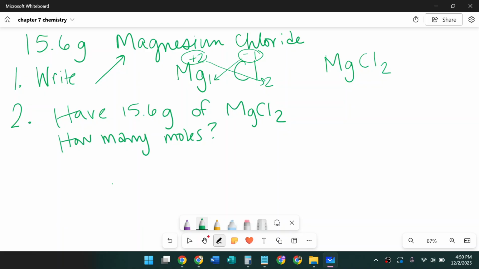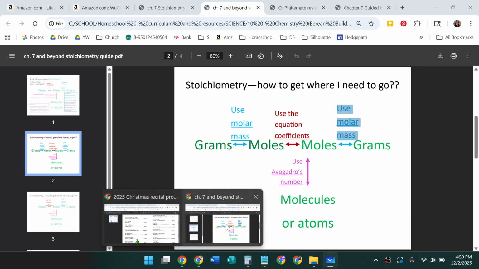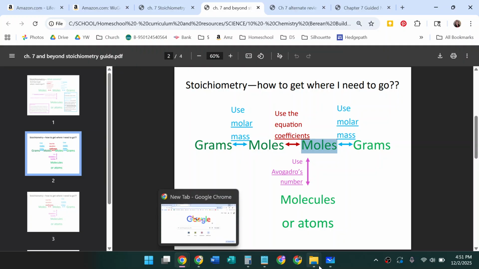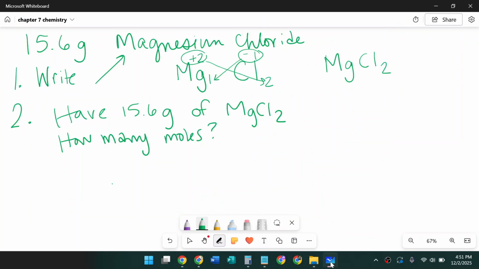And 2, let's figure out using a different chart how to do that. So we're going to start with this chart. How do I get where I need to go? What do I have? I have grams. So let's pick either the word grams. It doesn't matter which one. And I want to go to moles. What is above the arrow between grams and moles? Molar mass. So that tells me to go from grams to moles.